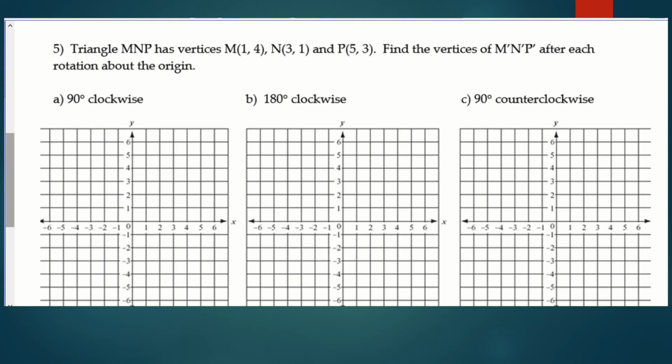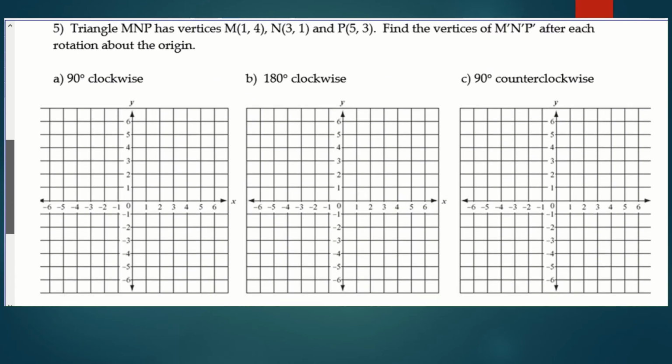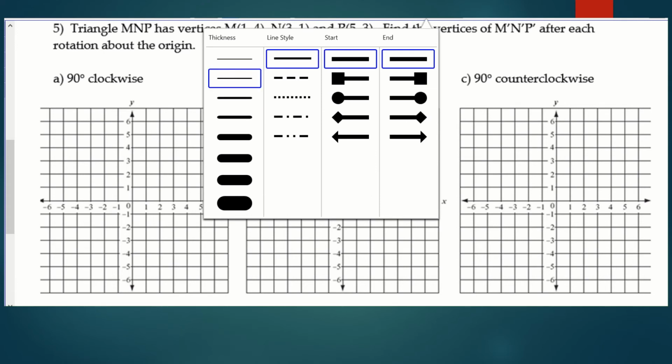Triangle MNP has vertices (1, 4), (3, 1), and (5, 3). Find the vertices of M prime, N prime, and P prime after each rotation about the origin. Okay, so if we're going to use the same triangle each time, let's make sure we graph it every time.